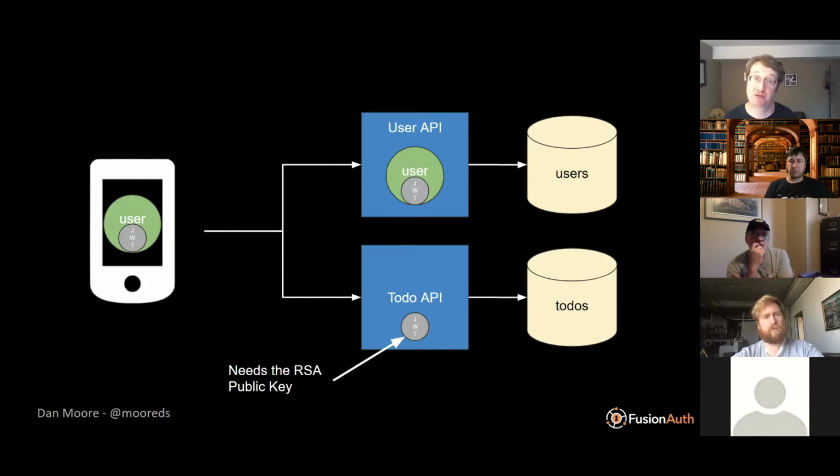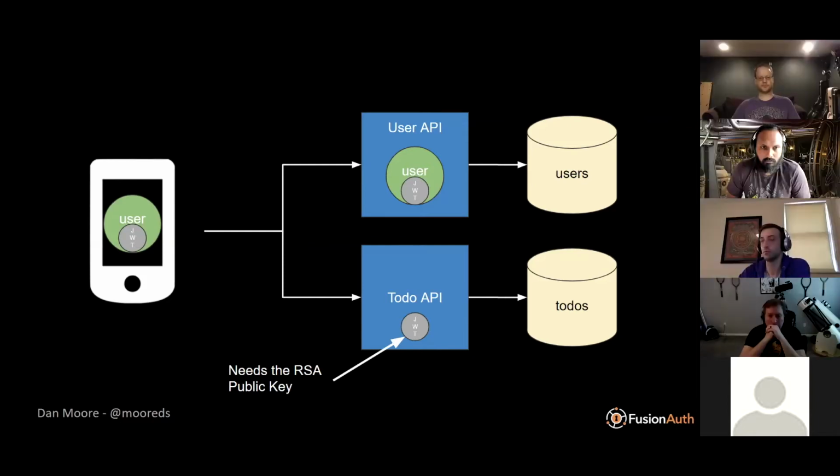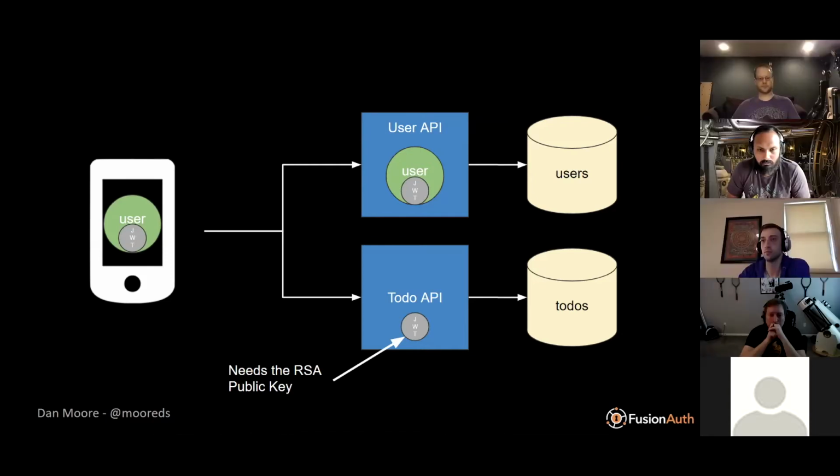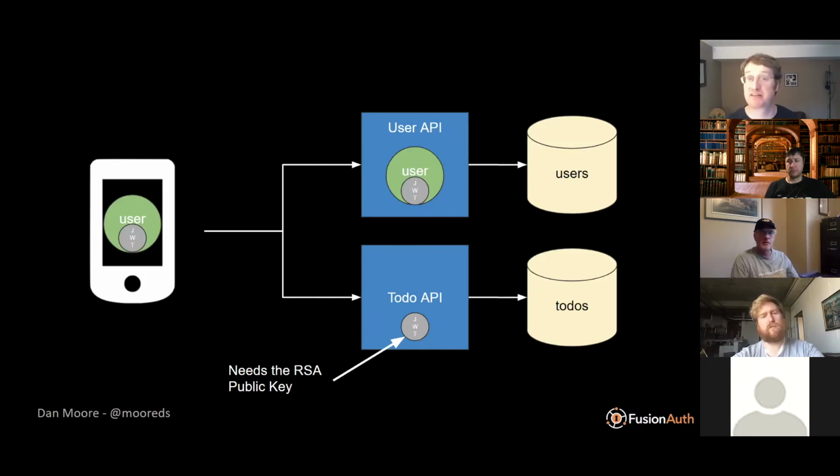But if they don't have a great way, maybe they're in different companies, and you just happen to have a contract to allow the to-do API to be accessed by people who've been authenticated by someone else in a different company. In that case, you can't share a secret, or it becomes cumbersome to share a secret. And so in that case, you can actually use public-private key signatures.